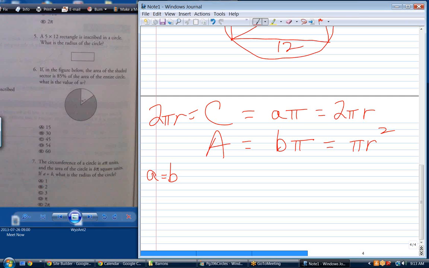So if we can relate circumference to radius, and we can relate area to radius, then we should be able to relate the area to the circumference, and knowing that A equals B, we should be able to solve for the radius. So, what is the radius equal to in terms of the circumference?